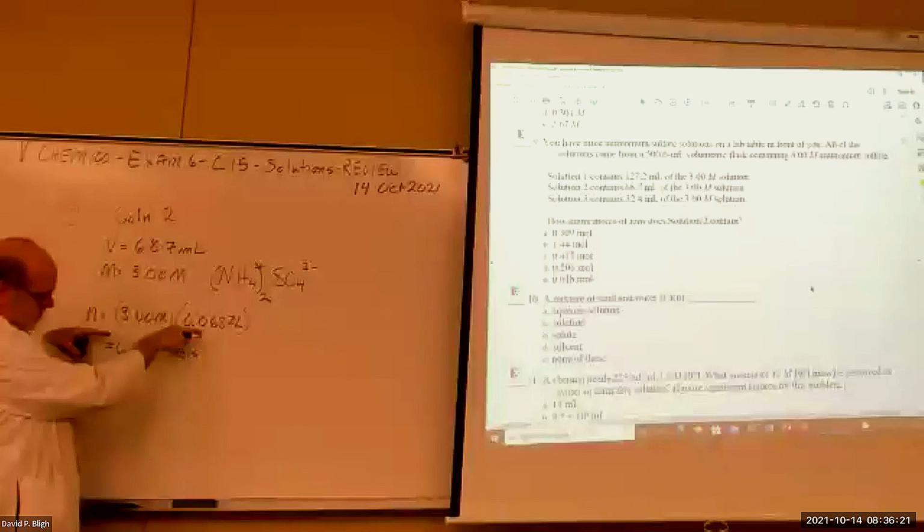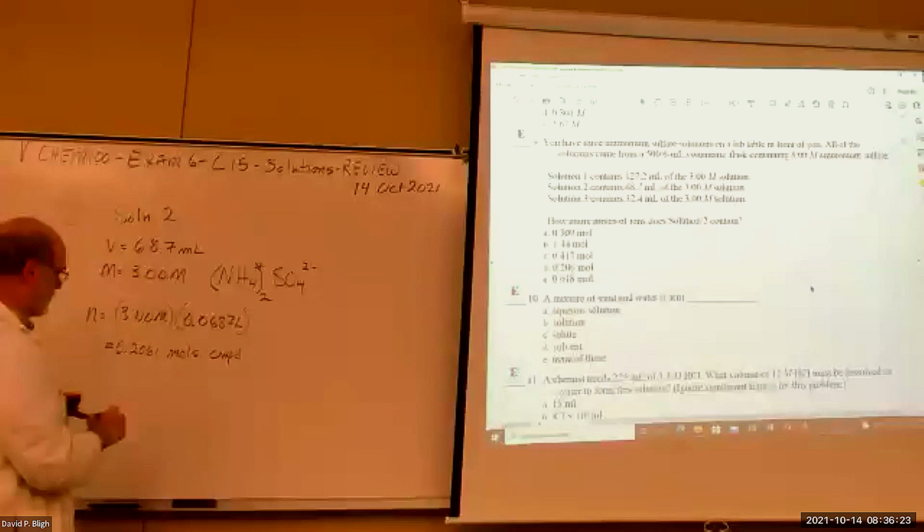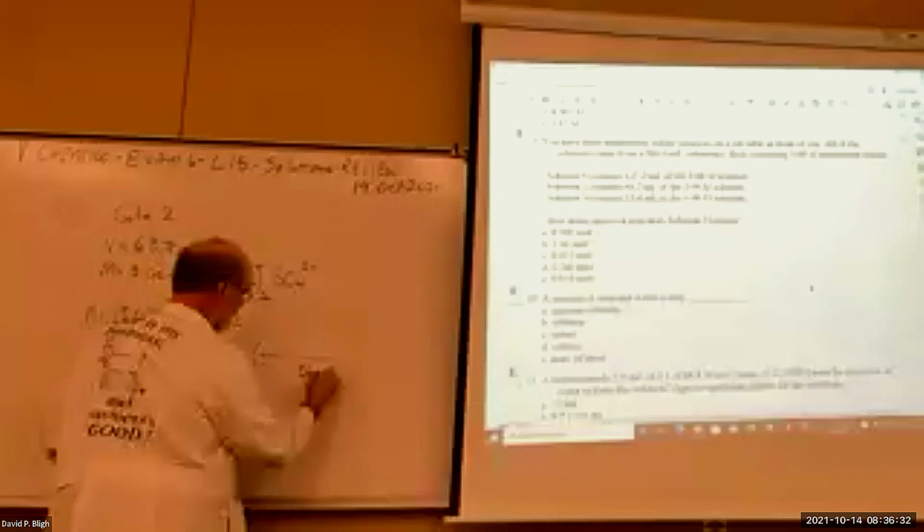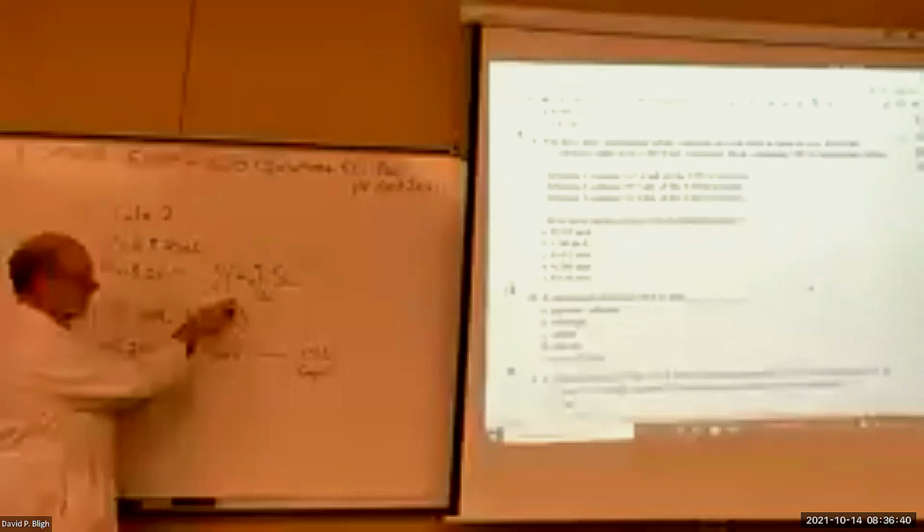All right. How many moles of ions do you have? Well, we need to convert. Cancel compound and give us ions. So what's the relationship here? For every mole of compound, you have 1, 2, 3 moles of ions. These polyatomics do not break up in solution.